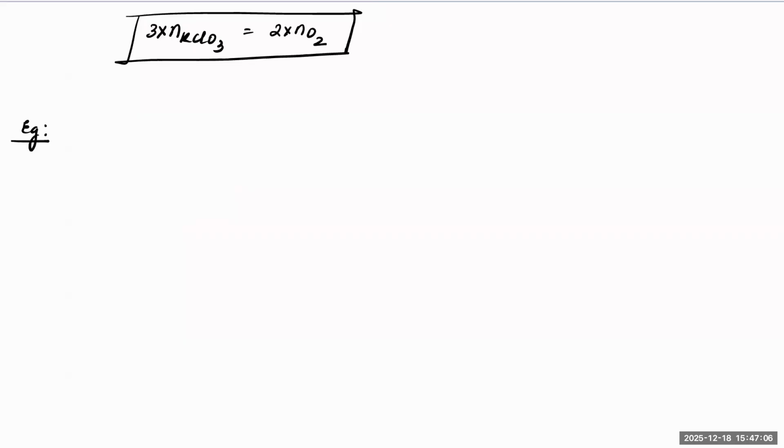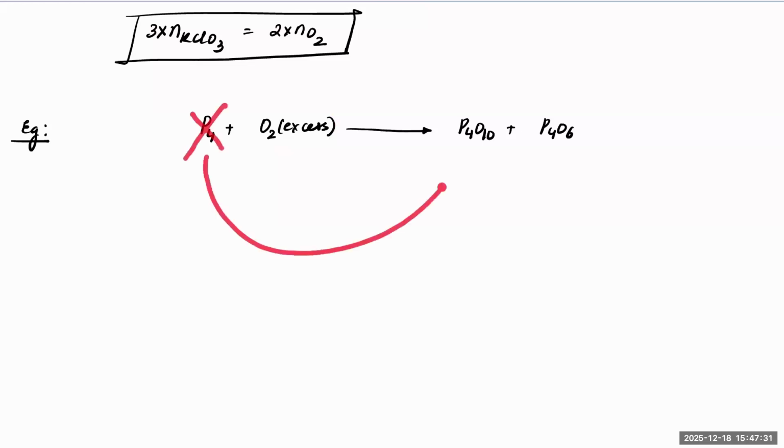Suppose I tell you P4 plus O2 excess is giving P4O10 plus P4O6, right? What does excess mean? Excess means I'm giving a sufficient amount of oxygen that the entire P4 is converted into this. There is no more P4 remaining after the reaction.